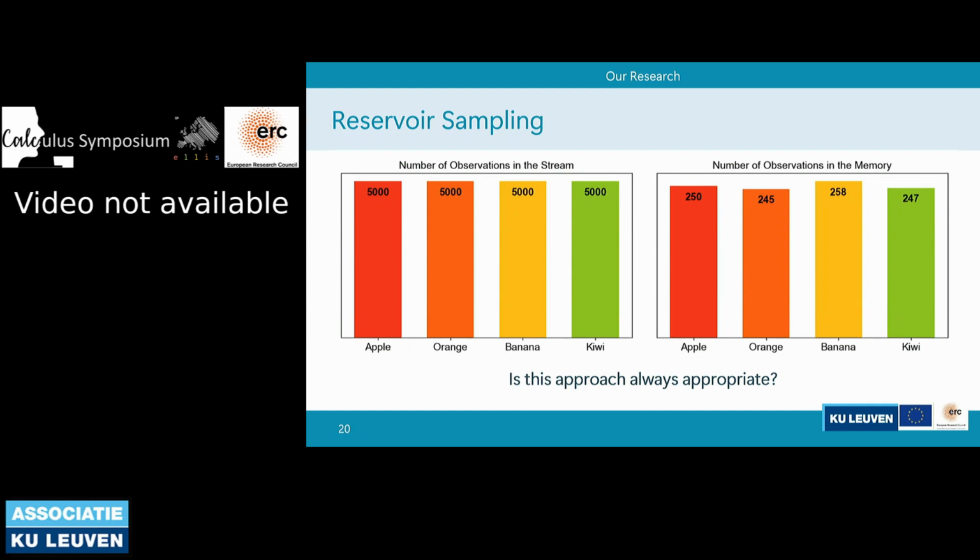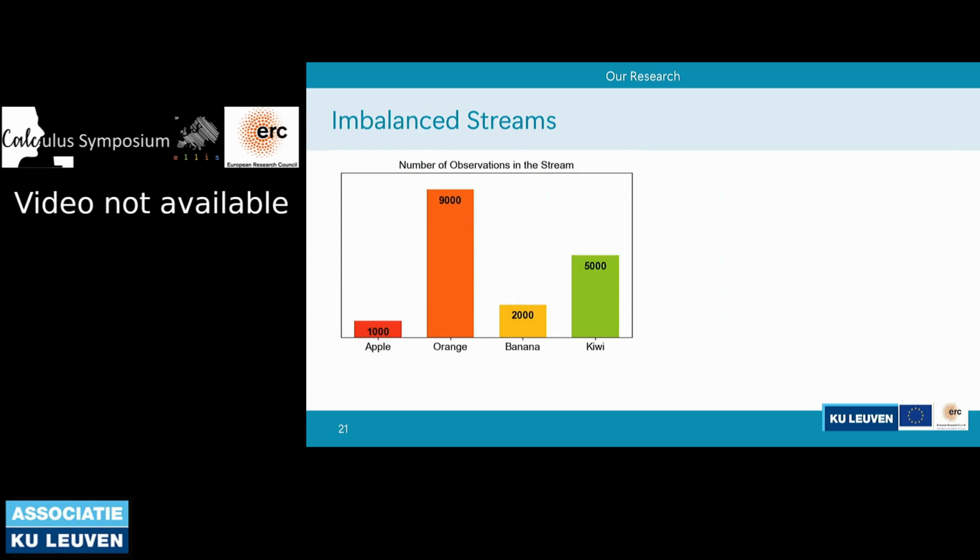And one question here is whether reservoir sampling is always the approach we should take in online continual learning. And we argue that the answer is no, especially in the case of imbalanced streams. By imbalanced, I mean when some classes in the stream contain more observations than others.